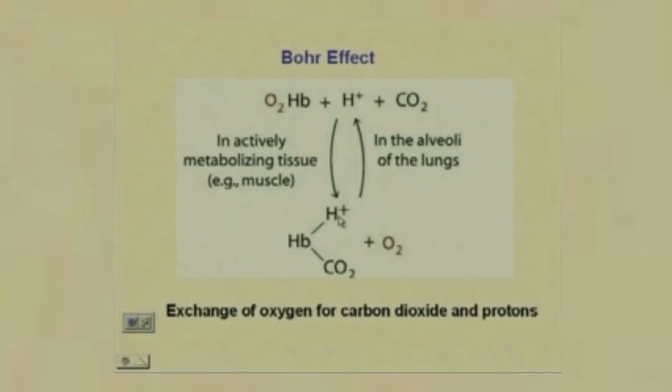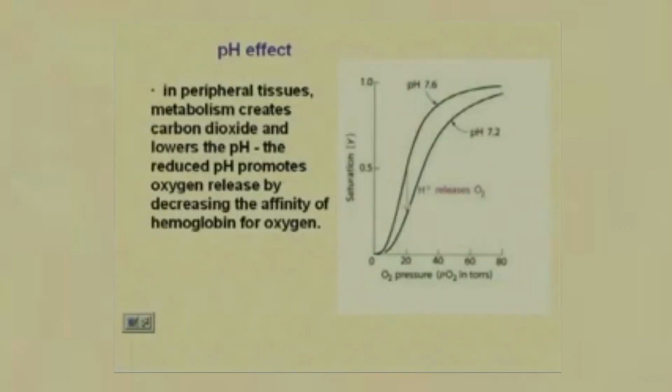Okay? So, the binding curve is going to change with the change in the pH, right? And how should it change? It should change in such a fashion that the oxygen is released at the tissue level. So, what do we have? This is what we have. At a higher pH, we have the peripheral tissues here.